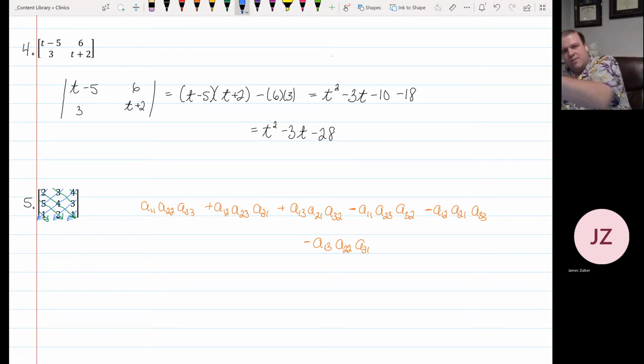So left to right is positive, right to left is negative. And you cannot extend this crossing method to anything above 3 by 3.